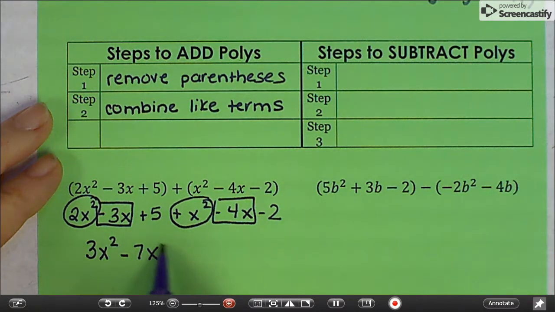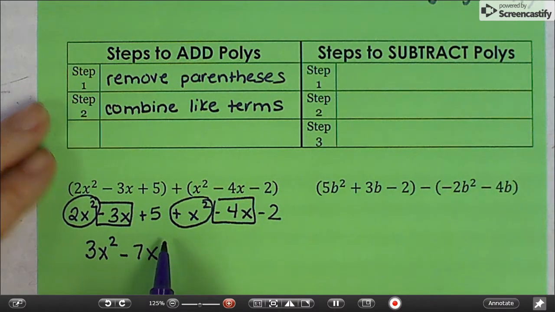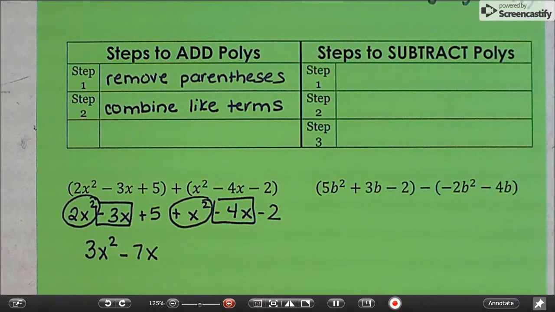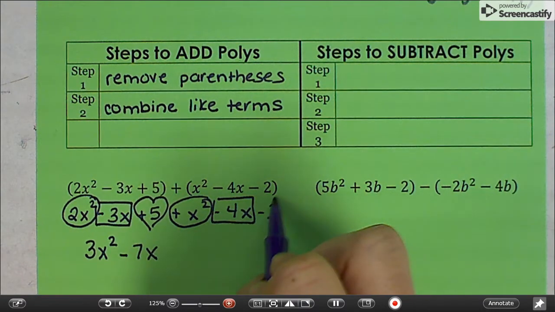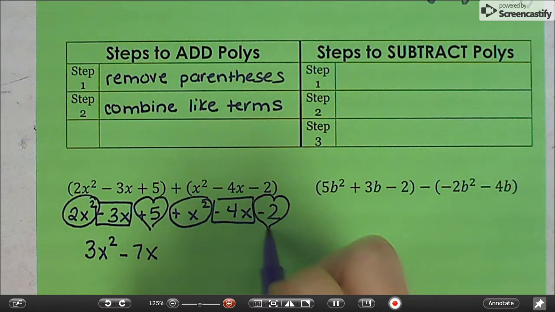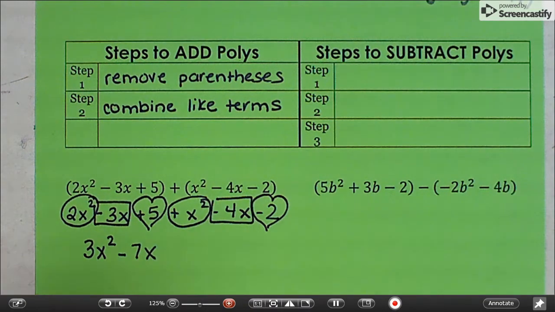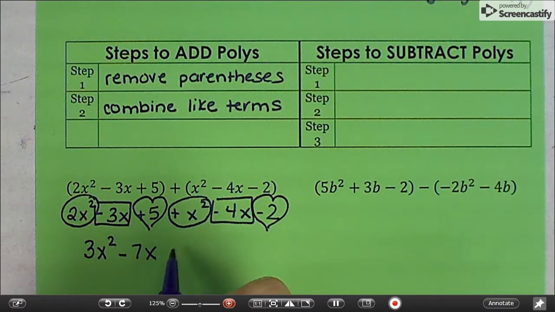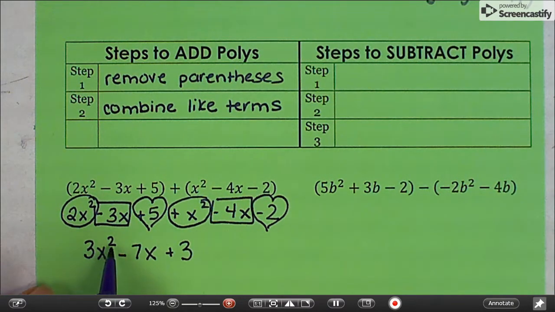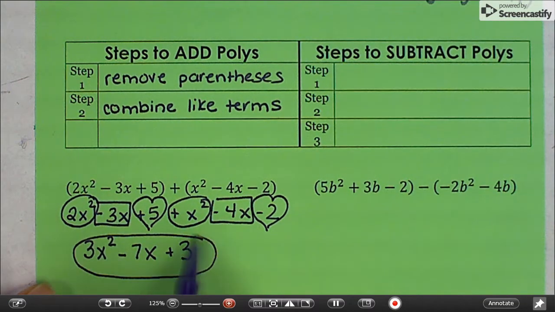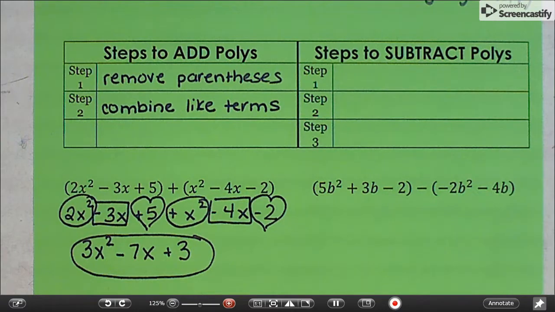We don't change the exponents because we're just combining like terms. And last, we have our constant term. So that has no variable. So we're going to combine those. 5 plus negative 2 is 3. And really that's finished. Make sure you have it in descending order, 2, 1, none. And that's your answer. That's how you add polynomials.